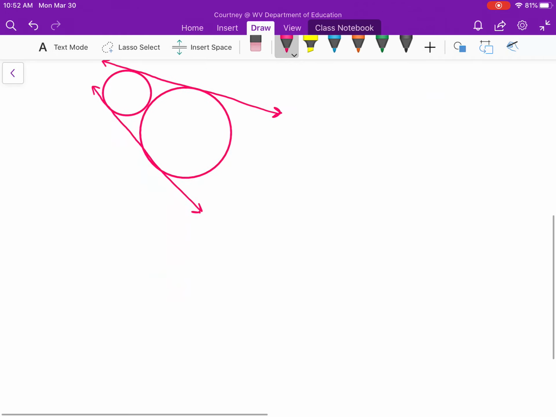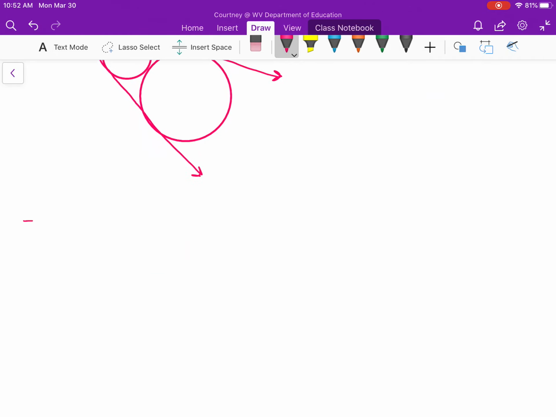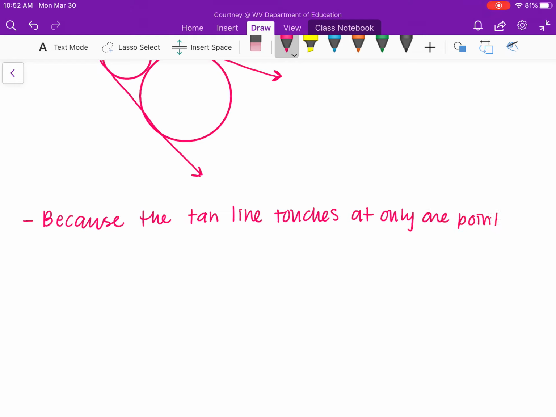We have two little things to say down here, because the tangent line, or you can say tan line, touches at only 1 point, the diameter or radius is perpendicular.